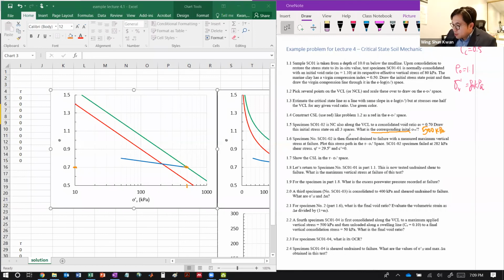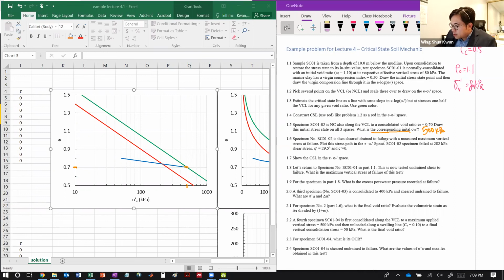So now the specimen is sheared under drained conditions with a measured vertical stress at failure, and it asks you to plot this stress path in the shear stress space.